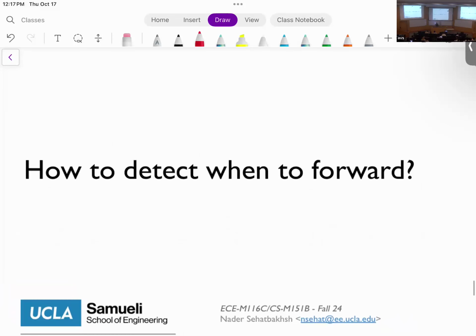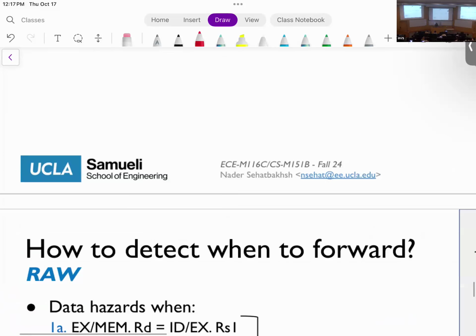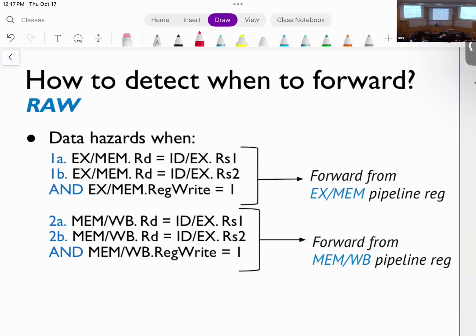So now the question is, as I said, how do we detect when to forward? If you remember, we have what we call the forwarding unit to detect that. The condition for forwarding is actually quite simple. You need to basically do these checks. You need to check whether the RD of EX/MEM, that is the memory stage, or the RD of the write back stage is equal to the RS1 or RS2 of your execution stage, okay?